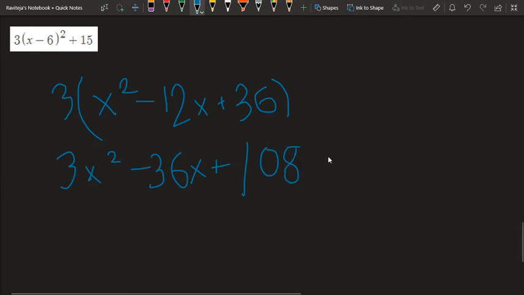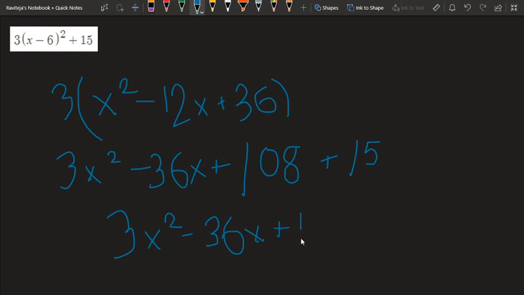And then we also have a 15 at the end. So now we combine like terms. We add 108 to 15, and then we finally have 3x squared minus 36x plus 123. And there is our standard form quadratic equation for this example.